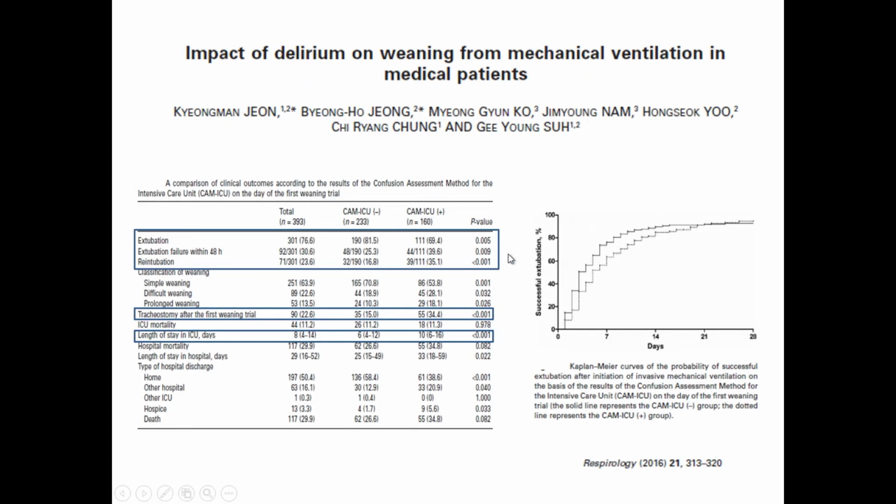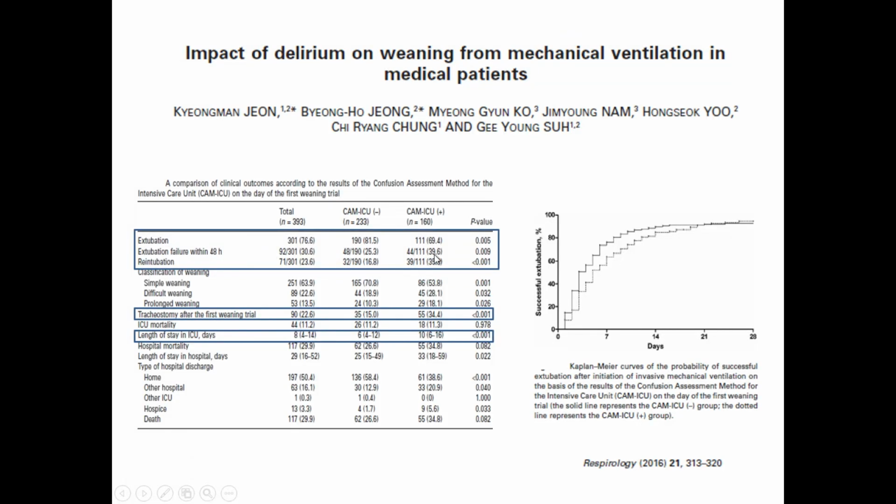Similarly, in a study in the Korean Peninsula, they found the same thing. This graph looks very similar to that last one, with successful extubations being done more quickly and earlier in patients who do not experience delirium. You can see that extubations were more likely to occur in the confusion assessment negative, delirium negative population, 81.5% versus 69%.